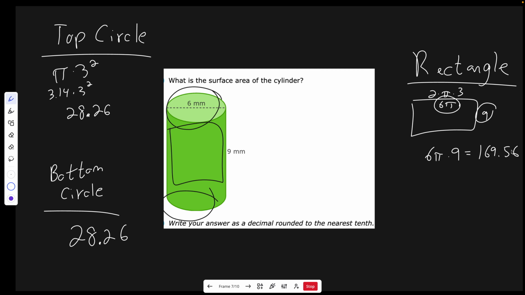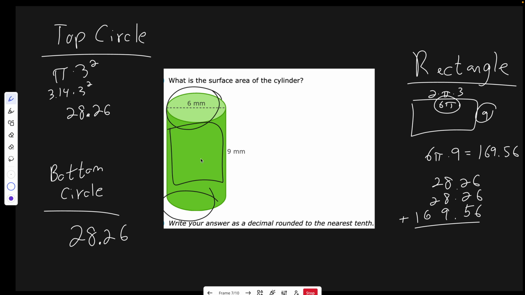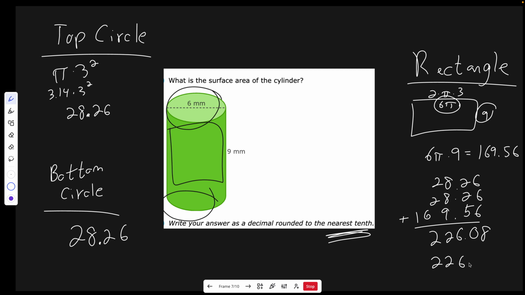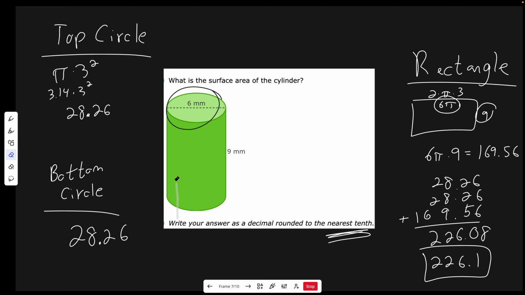And now we just add up our numbers. 28.26, 28.26, 169.56. When you add them all together, you get 226.08. Notice the problem said round to the nearest tenth. So rounding, we should get 226.1. Final answer.